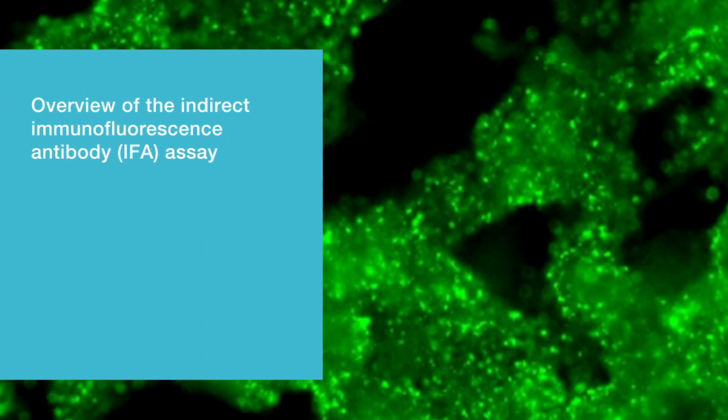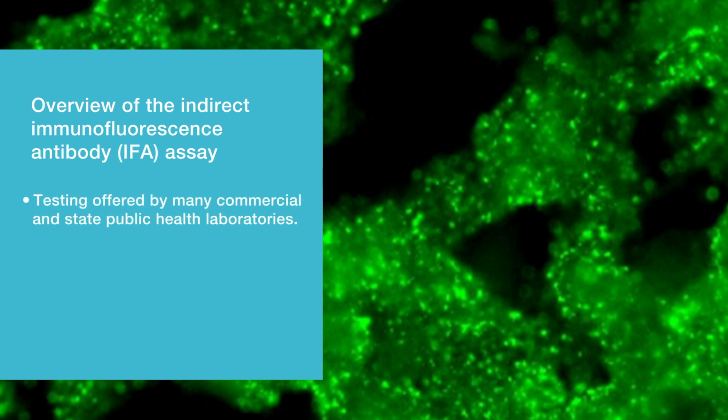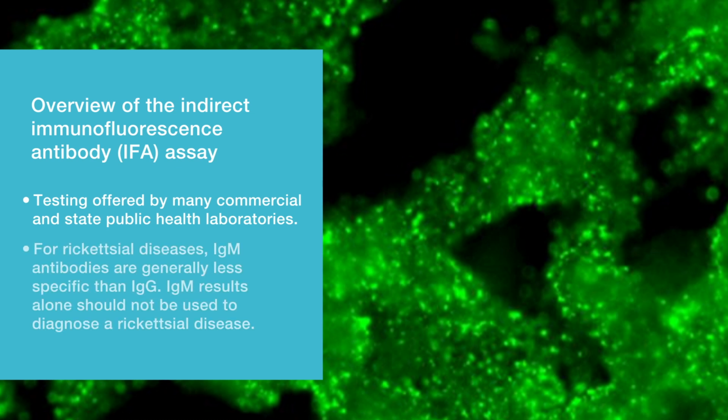Several types of serologic tests are available, but IFA is the most widely used serologic test for rickettsial diseases and is preferred as it provides quantitative results. Many commercial and state public health laboratories offer IFA testing for domestic rickettsial diseases. As a note, for rickettsial diseases, we rely primarily on IgG antibody reactions.